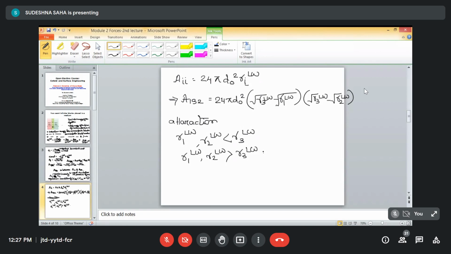Okay, and as a corollary, if 1 and 2, these two, are the same media, one can never have a repulsion, as A132 will become negative.